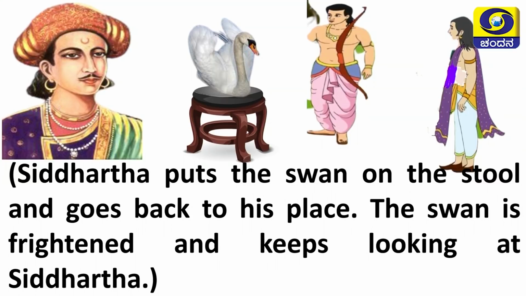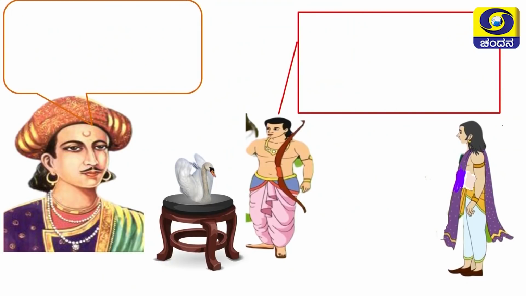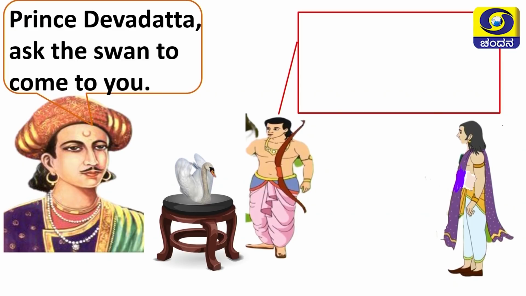The swan is frightened. Do you know the meaning of frightened? Frightened means ಭಯಭೀತರಾಗೋದು. And the swan keeps looking at Siddhartha. Now, the chief minister says, Prince Devadatta, ask the swan to come to you.